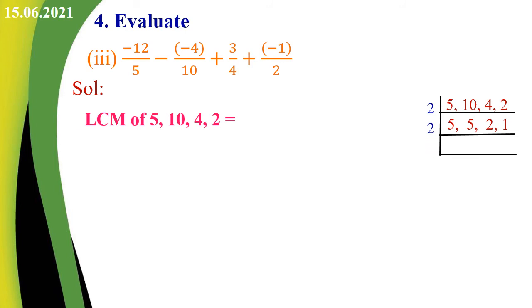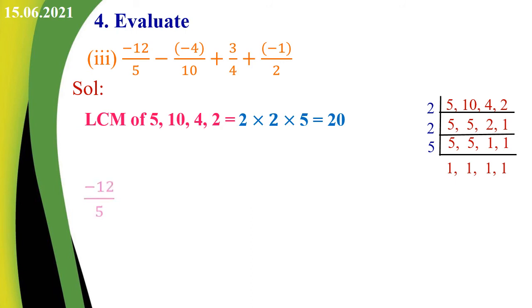Again I am dividing by 2. We get 5 comma 5 comma 1 comma 1. On dividing by 5, we get 1 comma 1 comma 1 comma 1. Therefore, LCM of 5 comma 10 comma 4 comma 2 is 2 into 2 into 5.